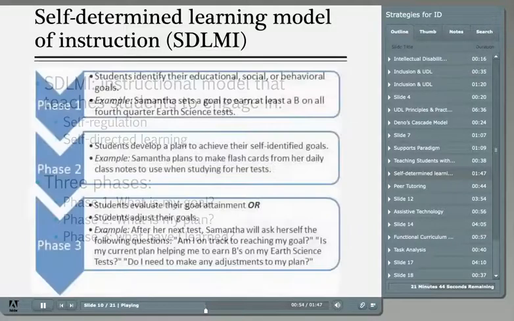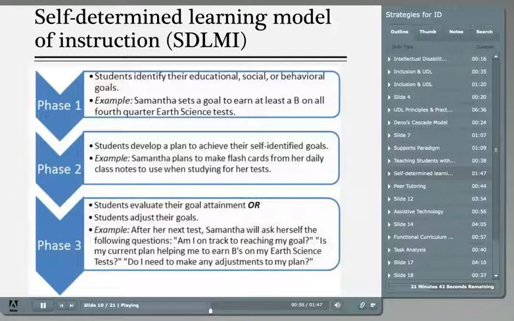This model involves 3 phases that encompass the questions: What is my goal? What is my plan? And what have I learned? Each phase also represents or aligns with the typical problem-solving process.